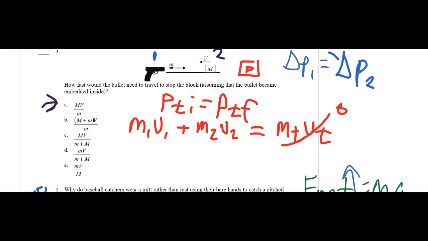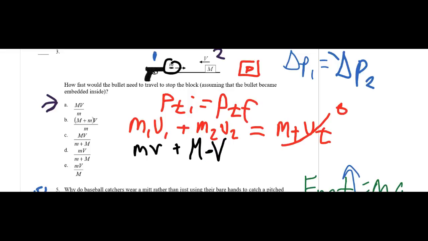m1 we said was this little mass, so this is little m times the velocity we're looking for, so let's just leave it as v, plus here we would do m2, which is big M times big V. Now that V is going to the left, so it would be negative.